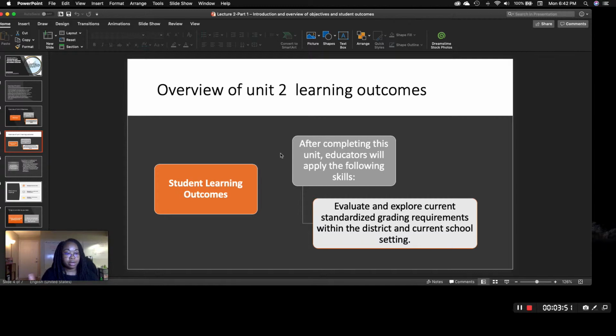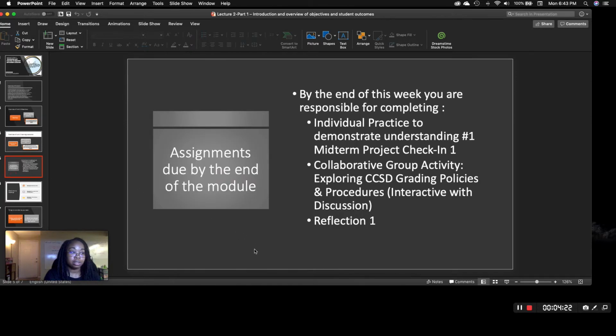The whole entire purpose of this course is for you to become more acclimated with the grading policies and procedures so that you can change the way in which you integrate them into your course, to diversify the methods to make sure that students actually have a chance at passing. The truth of the matter is that not all grading policies fare well for students, but you do have the power and control in how you use what is defined as policy and requirements to make sure that students get what they need. So hopefully by the end of this part, you'll at least be able to start thinking about that.